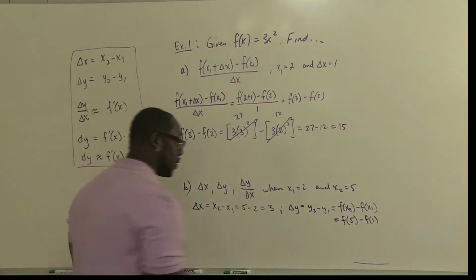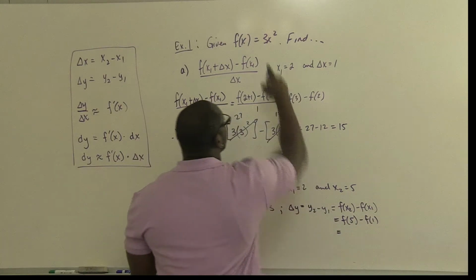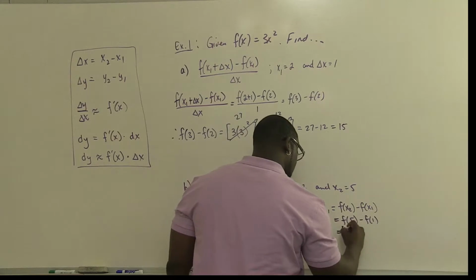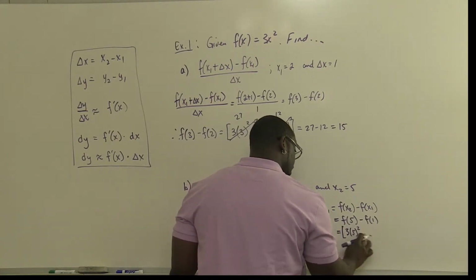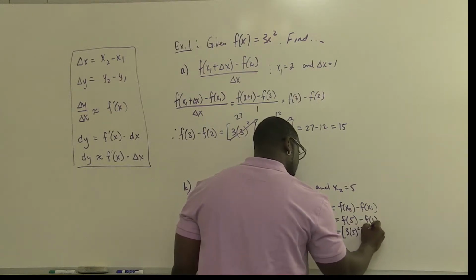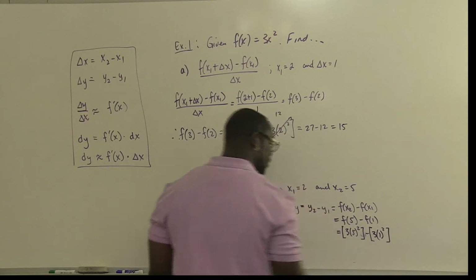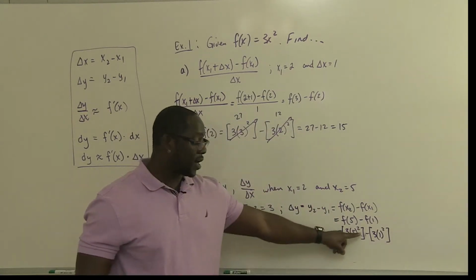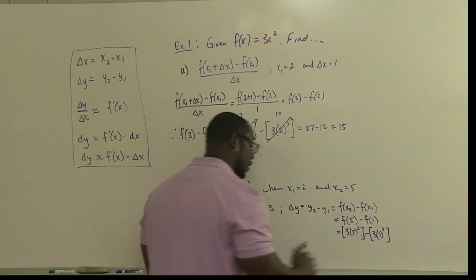And so looking there, we see that f of 5 is just 3 times 5 squared minus 3 times 2 squared. Okay, so 5 squared is 25. 25 times 3 is 75.